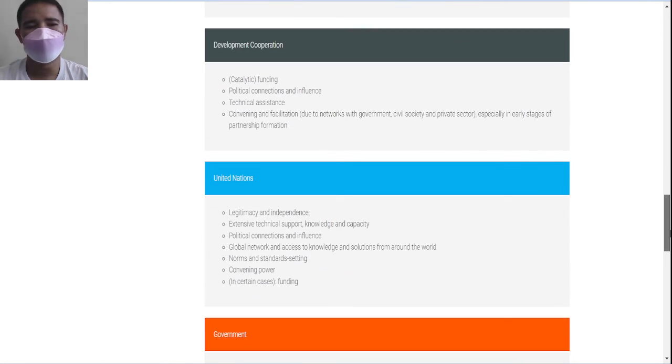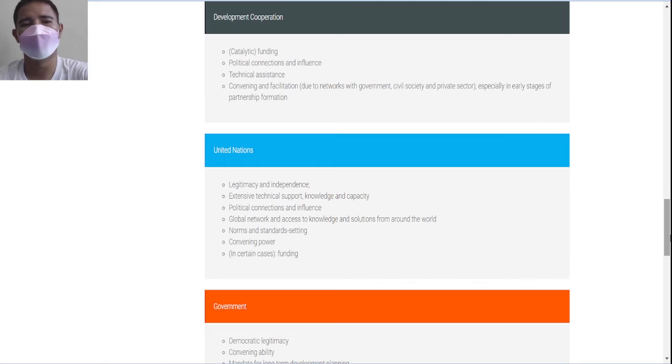For the development cooperation, we have funding, catalytic, political connections and influence, technical assistance, convening and facilitation due to networks with government, civil society, and private sector, especially in early stages of partnership formation.